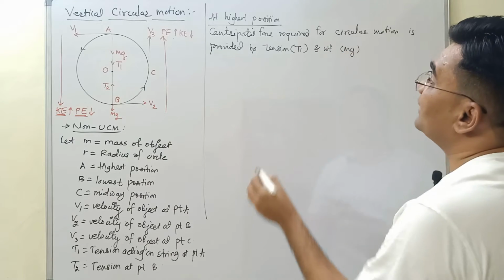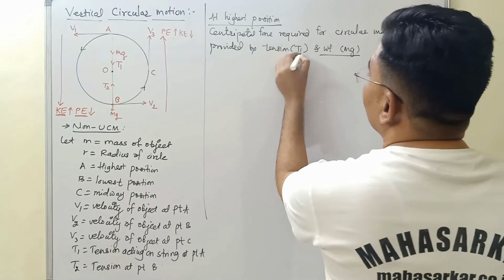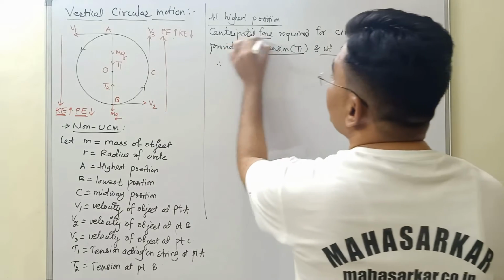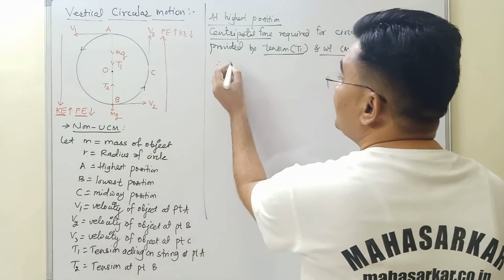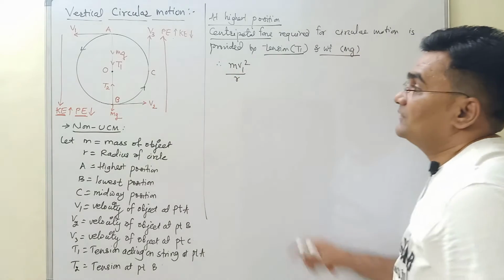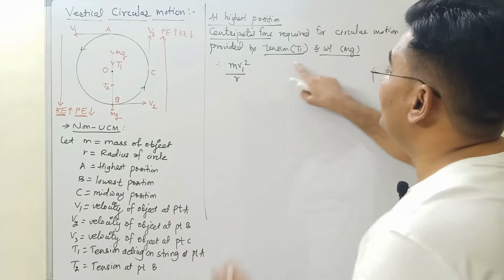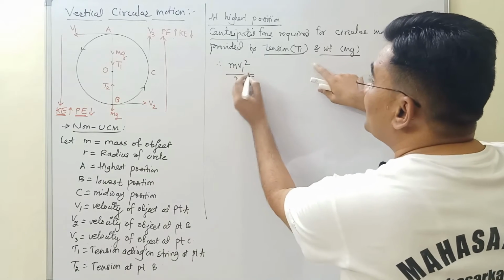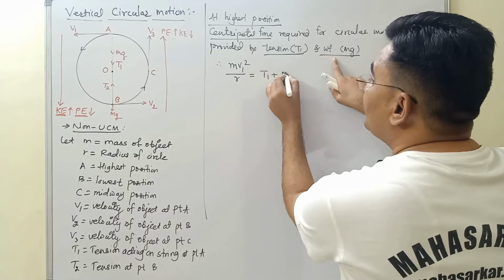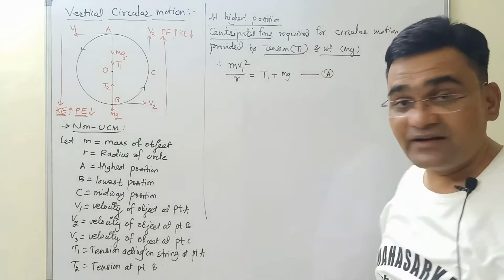As both are along the same direction, we can write: if the centripetal force here at point A is mv1 square upon r, according to the formula, then this centripetal force should be provided by both, that means tension T1 plus mg. See how easy this equation is to understand?